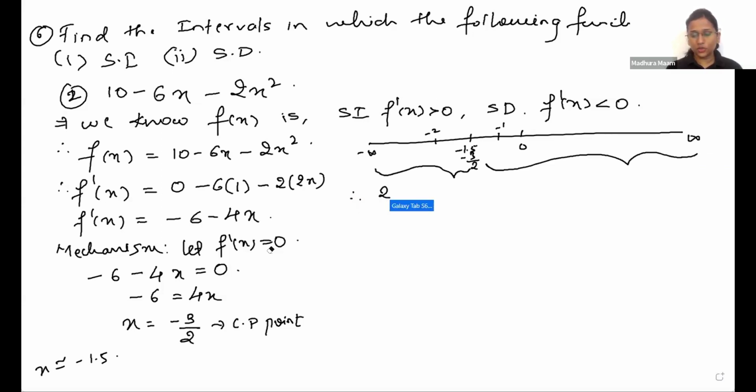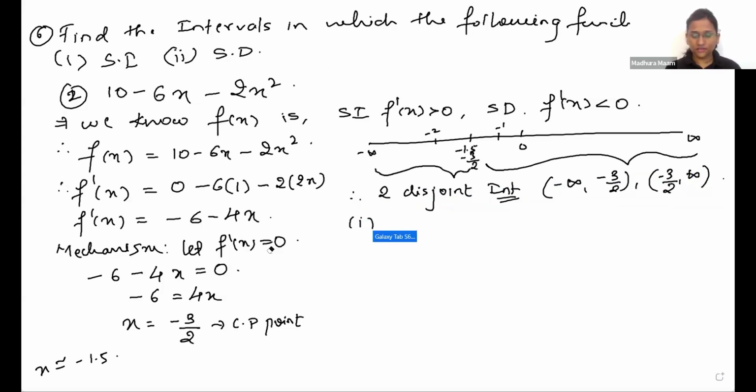Therefore the two disjoint intervals are one is -infinity to -3/2 and one more is -3/2 to infinity. Is this correct? Okay, so first let us take the first interval, -infinity to -3/2. From this you take any value of x, whichever you wish. Shall I take -2? Yes, ma'am.